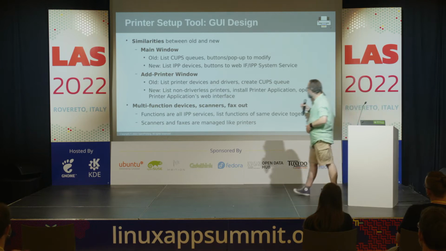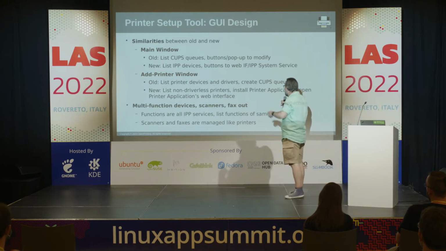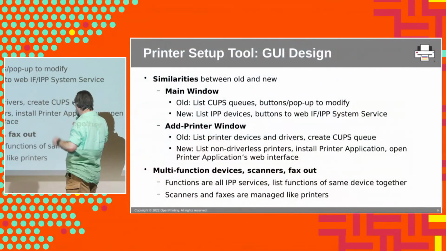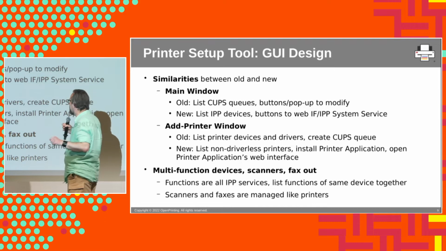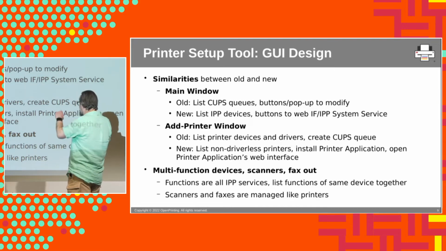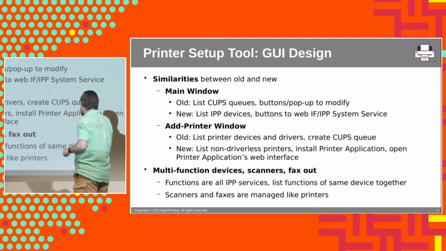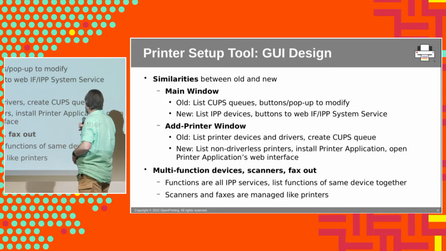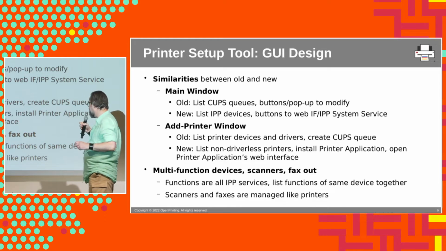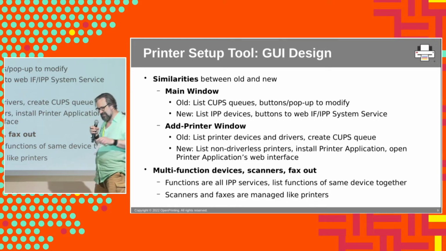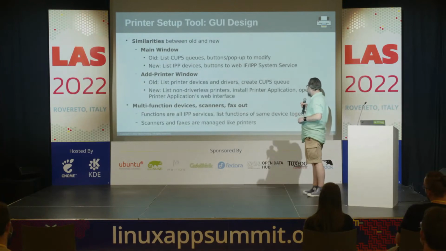And so we have similarities. All main window, old CUPS queues, and buttons to set the options, and new IPP services and buttons to get into the web interface and into the IPP system service. And the add printer window, old, lists the discovered printers, find make, model, driver, PPD file.